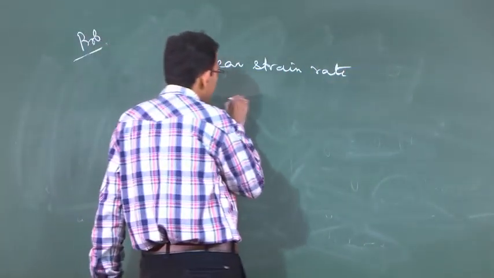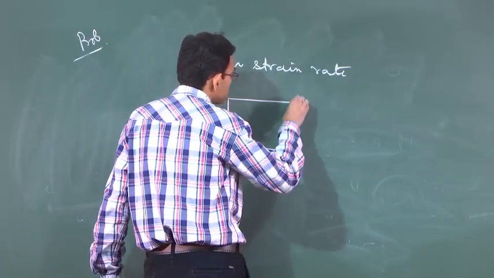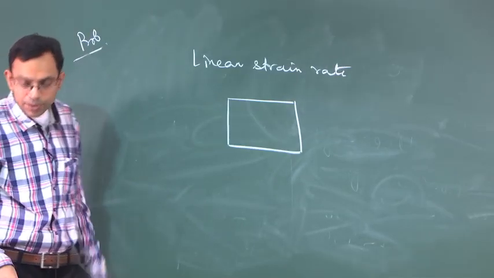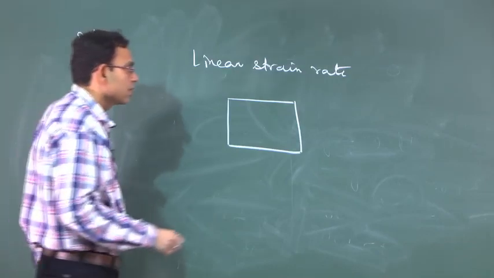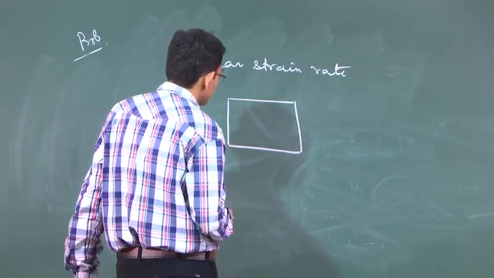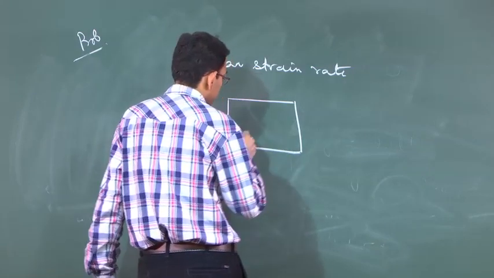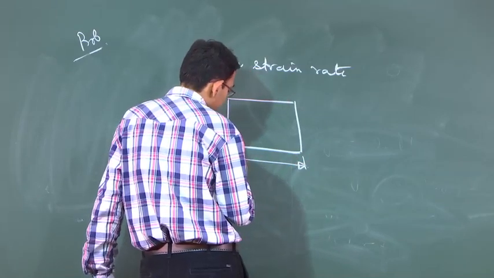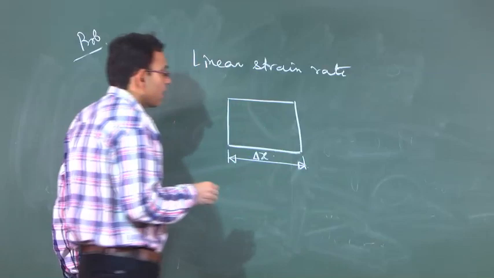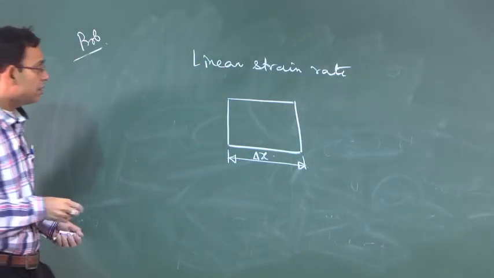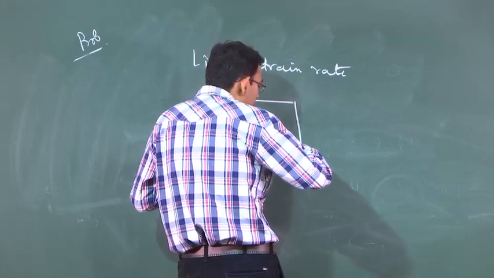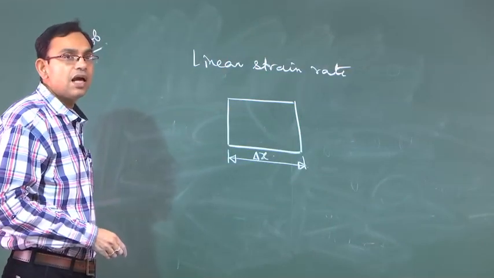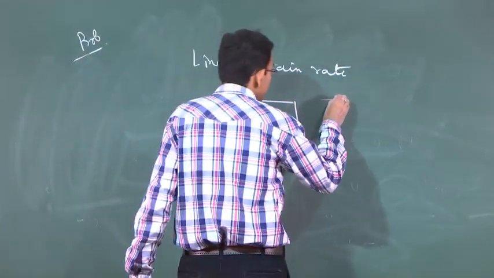So, as an example, let us say that there is a fluid element like this. This fluid element has a dimension of delta x. Now we are interested to see how this dimension changes due to the linear change along x. So this is the x axis.